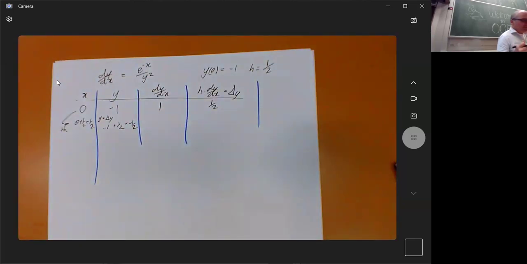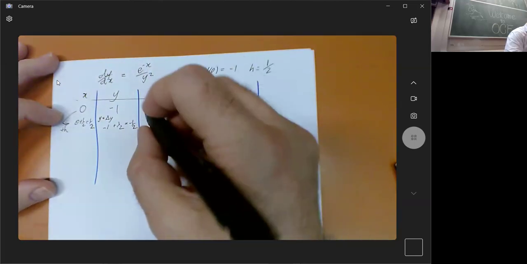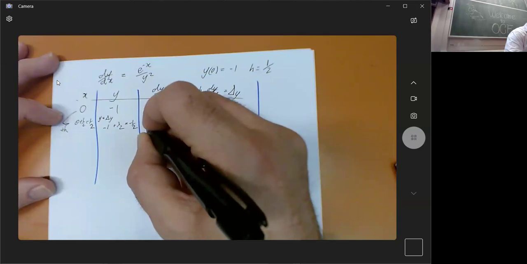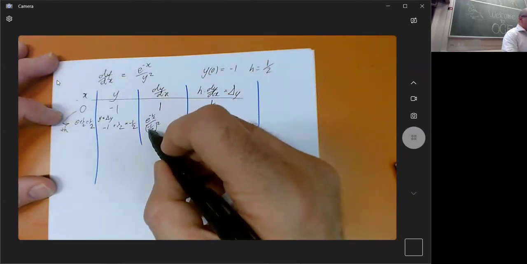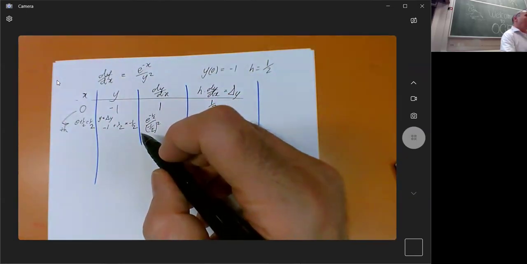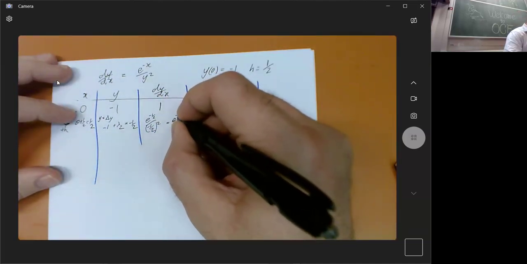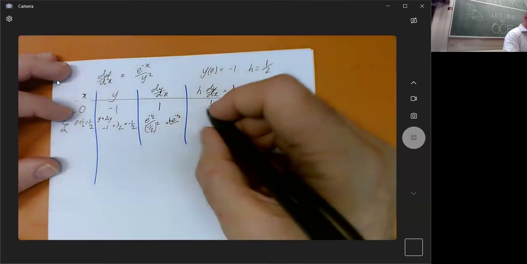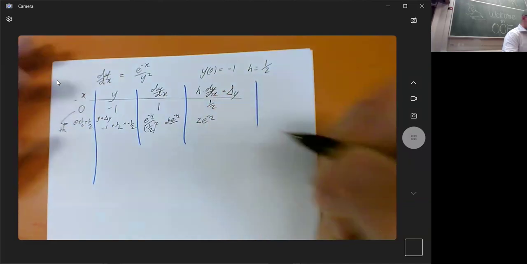All right, slick. Now, this calculation is going to suck a little bit. So e to the minus a half divided by minus a half squared. This is going to work out to be 4, so if I'm dividing by a quarter, I'm timesing by 4. I'm actually just going to write this as e to the minus a half times 4, and so this is going to be 2e to the minus a half.